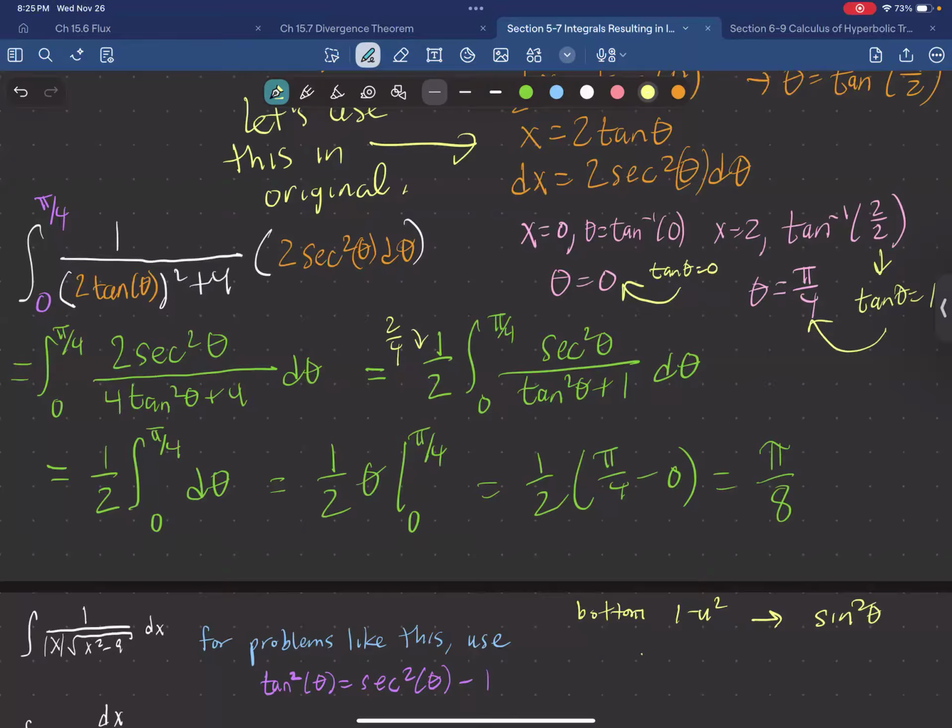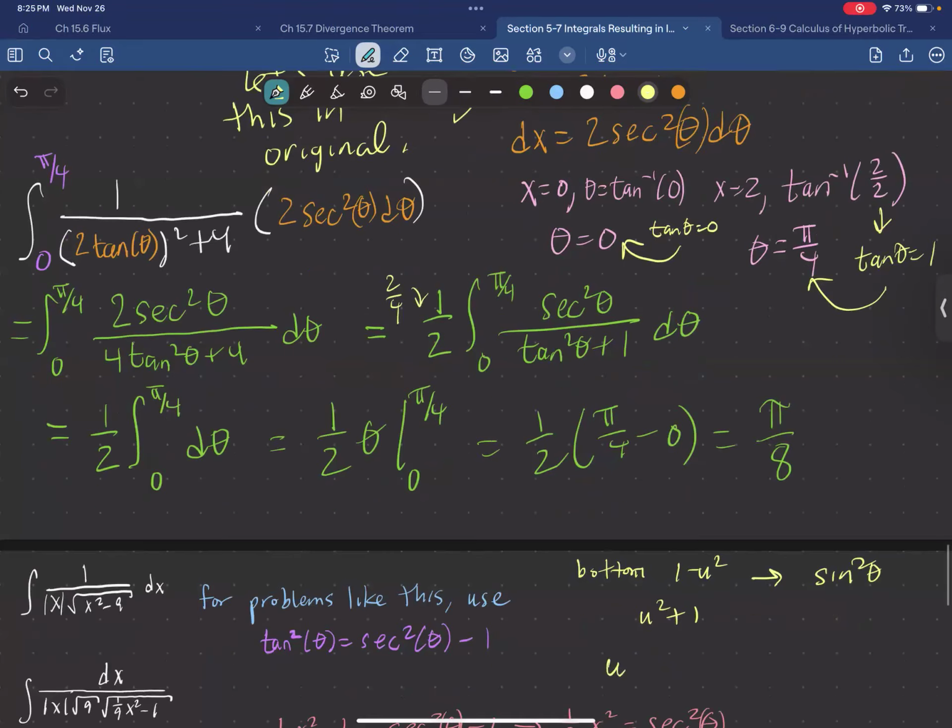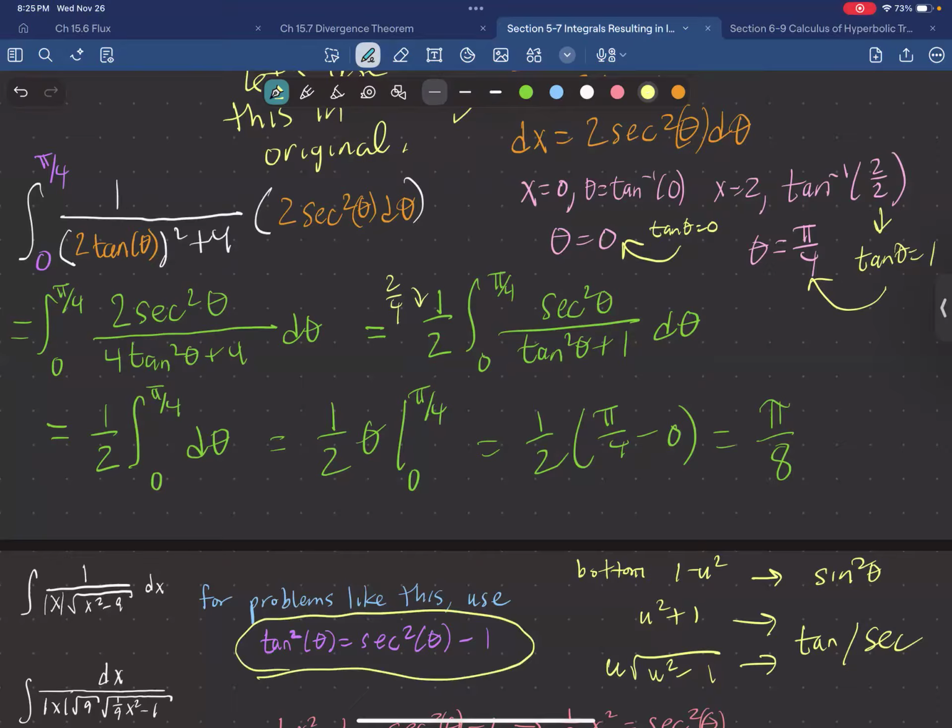When we have u squared plus 1, like the tangent, or u squared minus 1 with another u out front, these are two different lines here. Let me separate those. If you can make it look something like that, these are both going to lead to using one of the tangent or secant. But they're both from the same equation. You just manipulate it by either adding 1 to get the tangent squared theta plus 1 version.